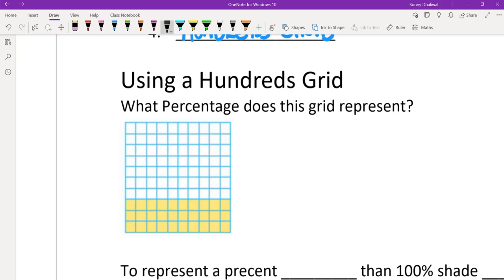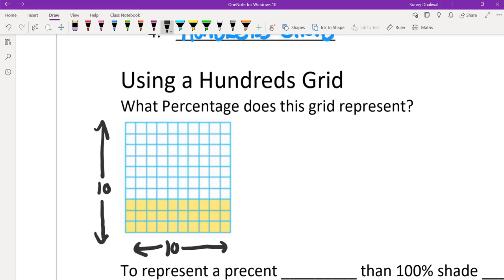So what we have here is 10 boxes going this direction and 10 boxes going in this direction. Okay? So if I asked you the question, what percentage is shaded in this 100 grid, what would you say?